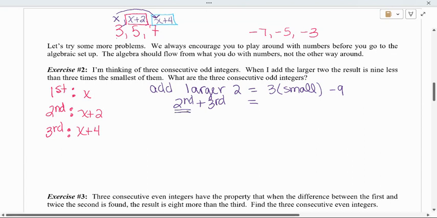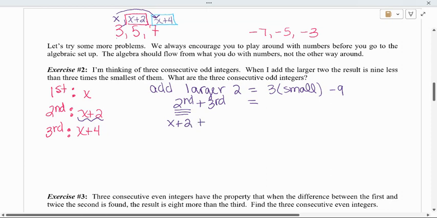What expression represents the second integer? What algebraic expression represents the second integer? Yep. So we're going to replace the second integer with the expression x plus 2.